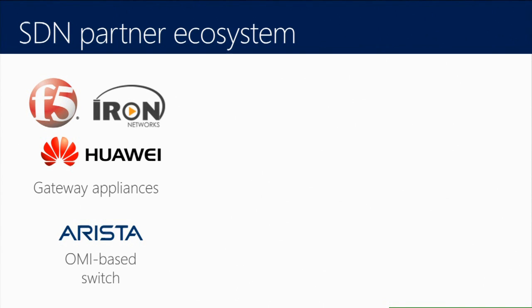And Arista has worked with us in their Extensible Operating System 4.12, which will be released in order to enable that automation. The automation is available not only through PowerShell, as Ravi showed, but when R2 comes out, System Center Virtual Machine Manager will also have the capability to automate switches that are enabled through OMI.